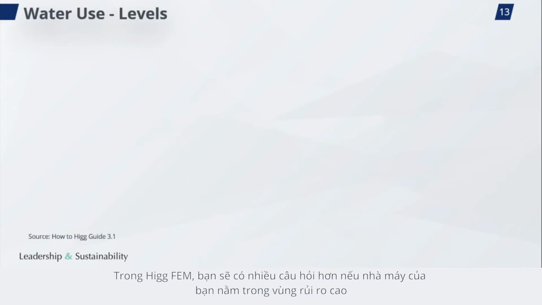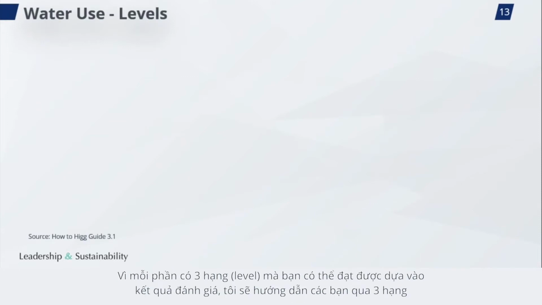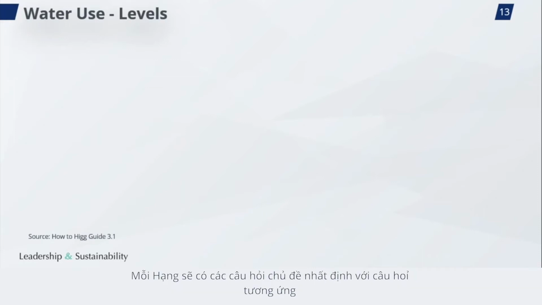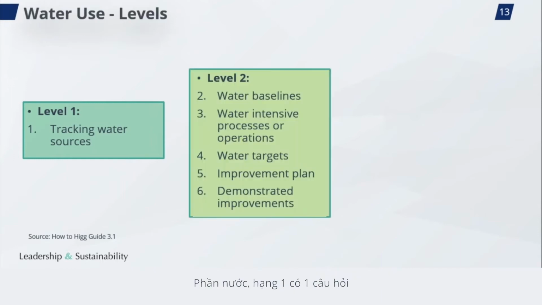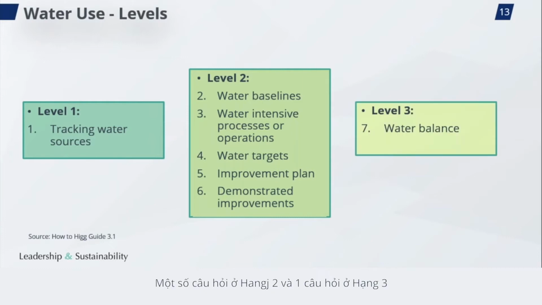And since every section consists of 3 levels that you can reach during your assessment, we will guide you now through the 3 water levels. For each level, there are allocated subtopics with corresponding questions. In the water section, you can see there is only one question at level 1, then we have several questions at level 2, and also one question at level 3.